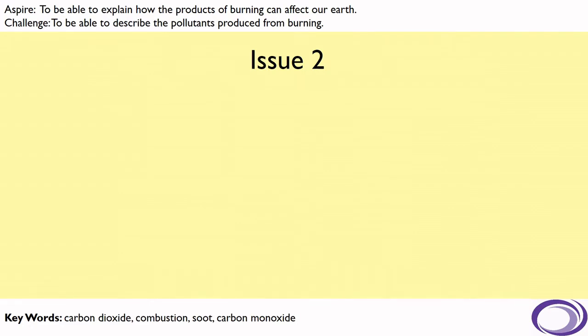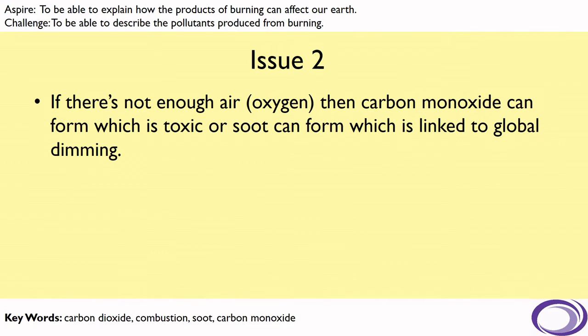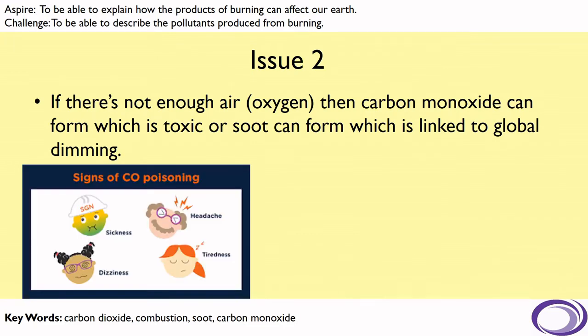So issue number 2, we don't always get carbon dioxide produced. There are 2 other carbon products that could be produced instead. We saw soot in the video, but there's another product that could be formed, which is carbon monoxide. Carbon monoxide is toxic and can cause carbon monoxide poisoning. There are several symptoms.